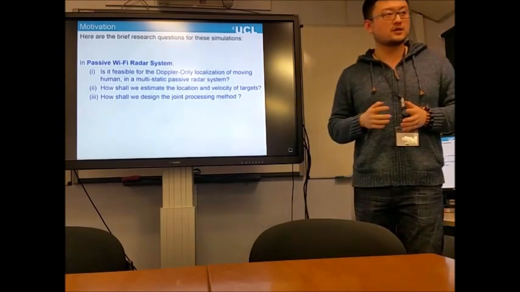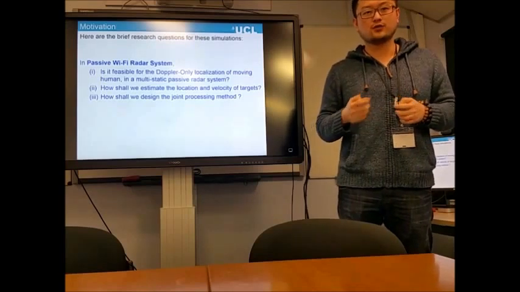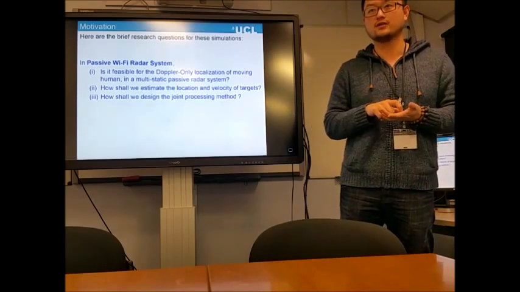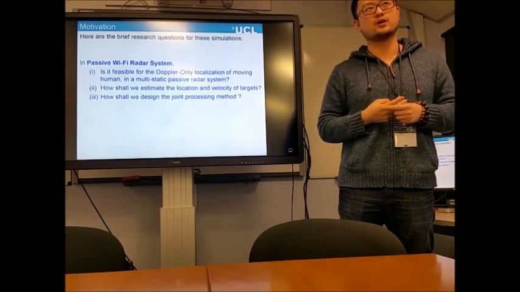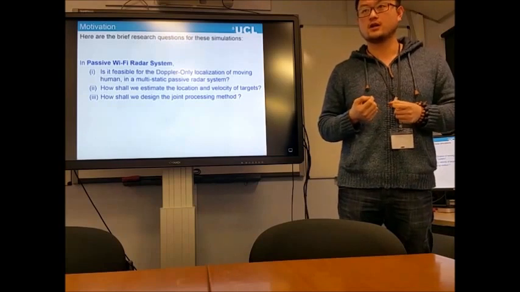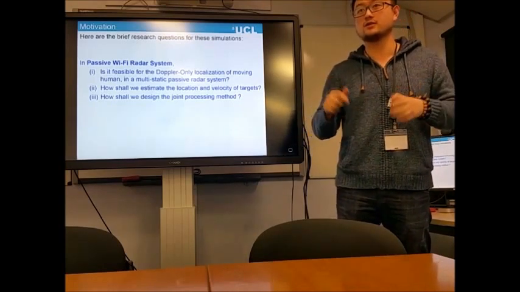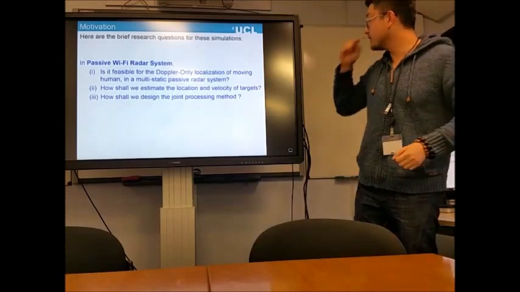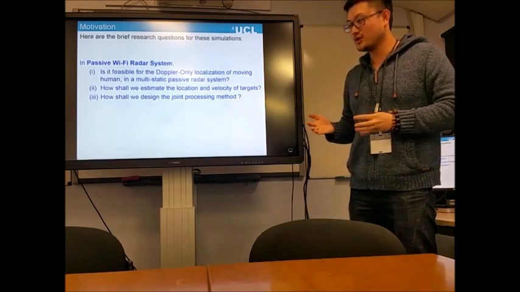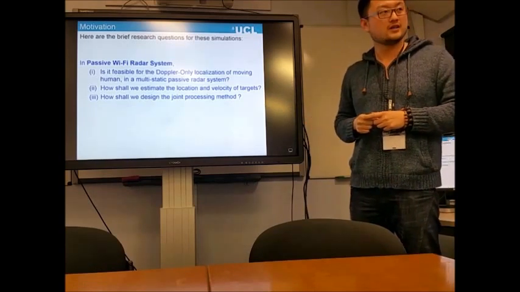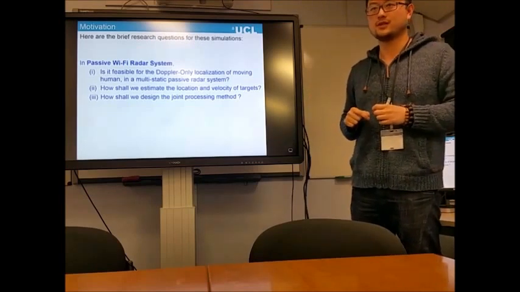Before, Carl introduced a paper about how, if we know the initial point of one target, we can use two passive Wi-Fi receivers to estimate the Doppler of that target and do the tracking using dead reckoning. My motivation is, shall we not use the initial point, and use only the Dopplers to estimate the localization and the speed?